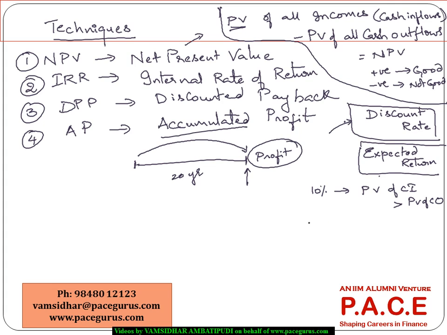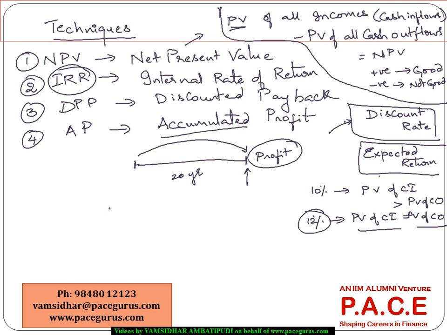But at 12% or some other discount rate, the present value of cash inflows may be the same as the present value of cash outflows. That particular rate of discount, where the present value of the cash inflows equals the present value of the cash outflows, is what we call the internal rate of return.